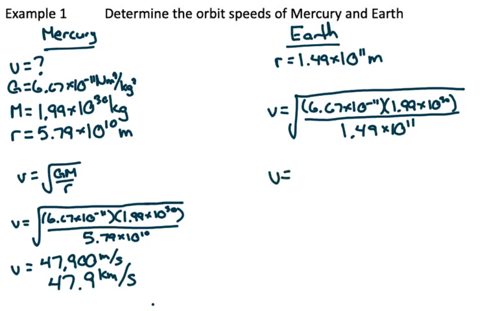Again, we can work this all in one step. Going to 3 sig figs, we get 29,800 meters per second, or 29.8 kilometers per second.